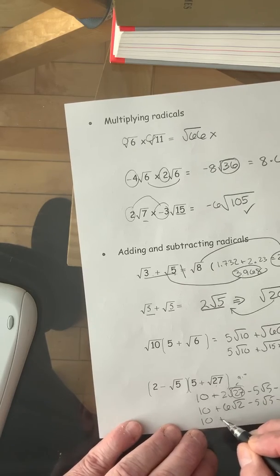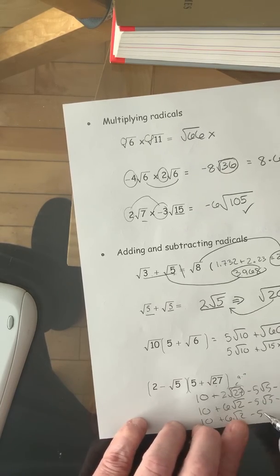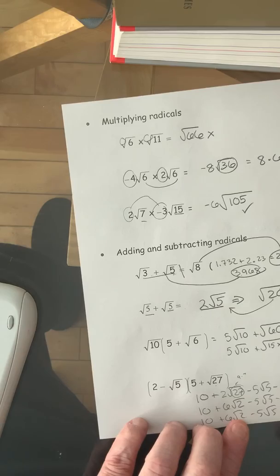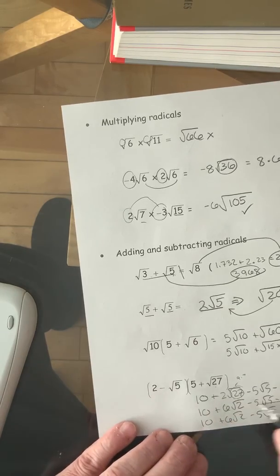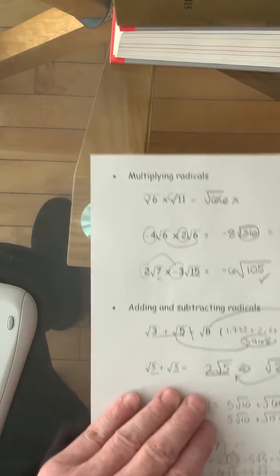So I'm going to get 10 plus 6 root 3 minus 5 root 5 minus 3 root 15. That's about the best I can do unless I've made a mistake.